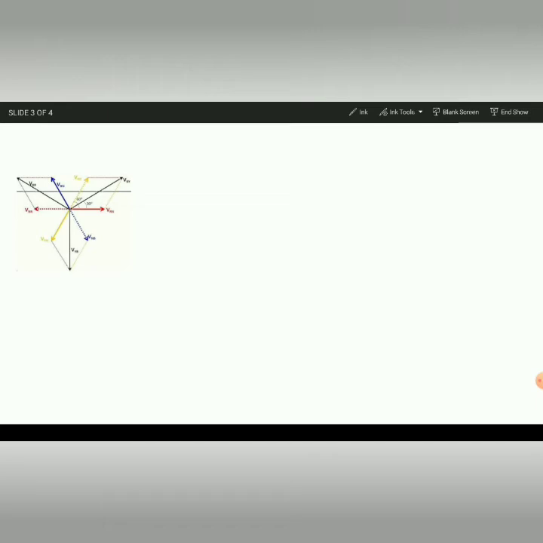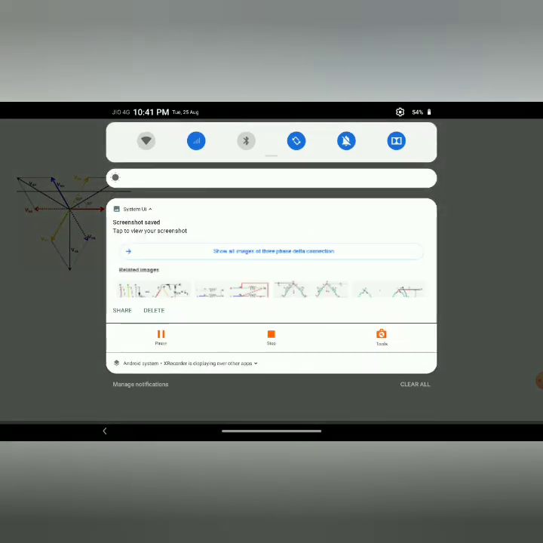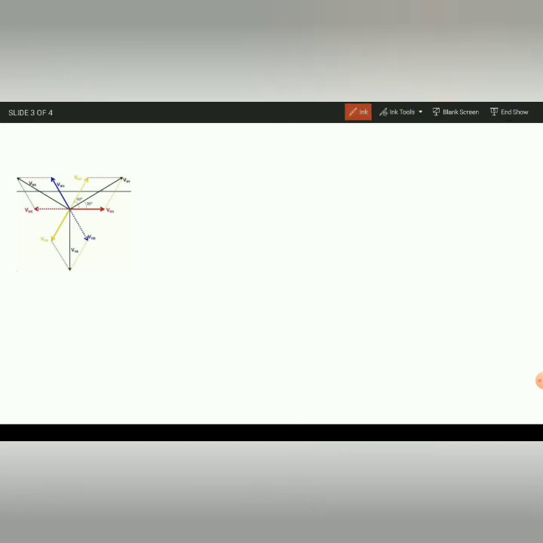We have three. First we have to draw this for the star connection. So in star connection, to get the relation, first let us draw the voltages.